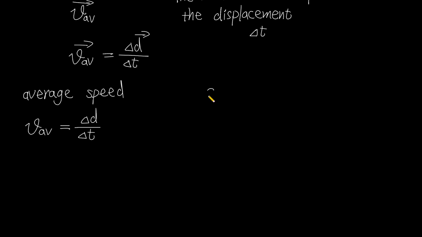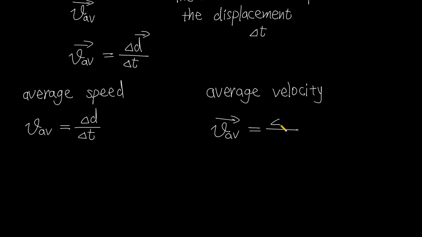And for the average velocity, its formula is v equals the displacement delta d over delta t. And they are similar, but they are not the same. One is a scalar and the other one is a vector.